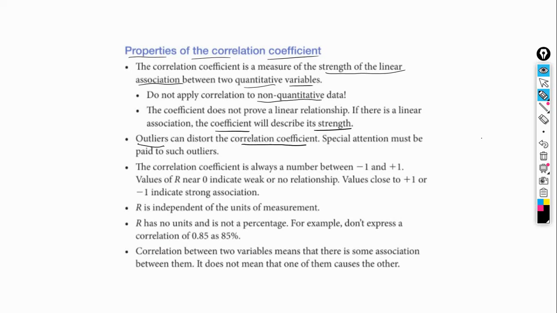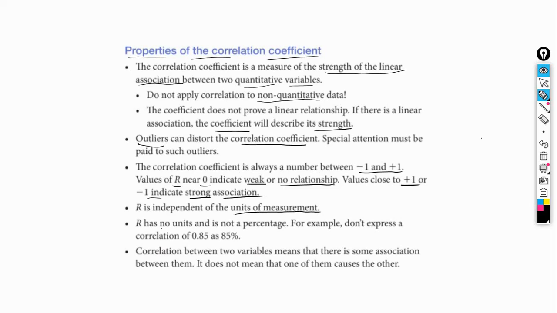We saw that before. The correlation coefficient is always a number between -1 and +1. Values of R near 0 indicate weak or no relationship. Values that are close to +1 or -1 indicate a strong association. R is independent of the units of measurement or the scale, as we saw previously.